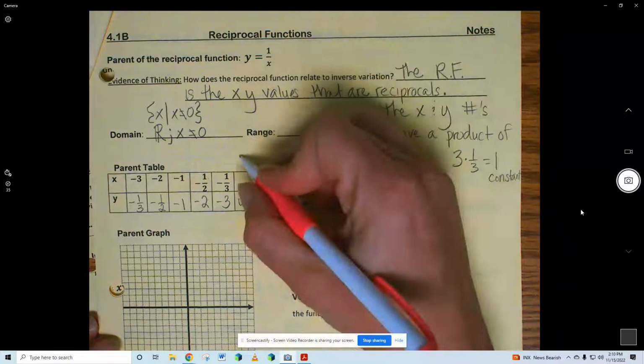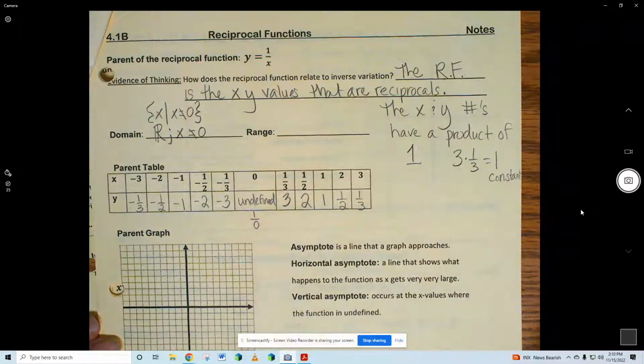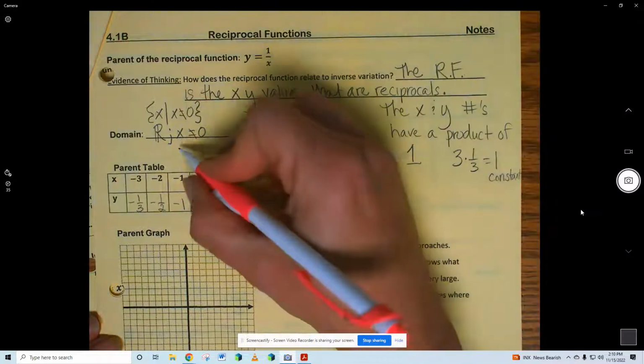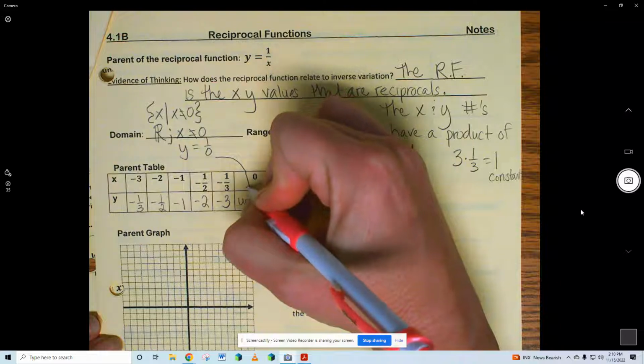And this undefined thing would be like 1/0. That's undefined. So in the domain, if I had y equals 1/0, that would be undefined.